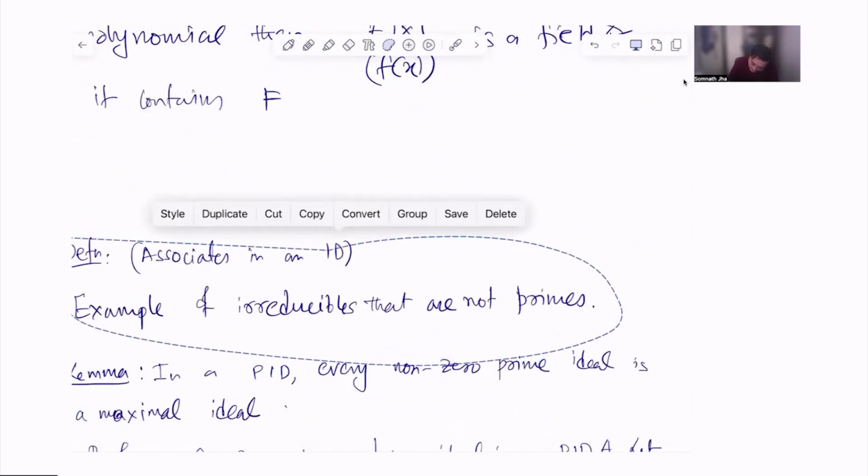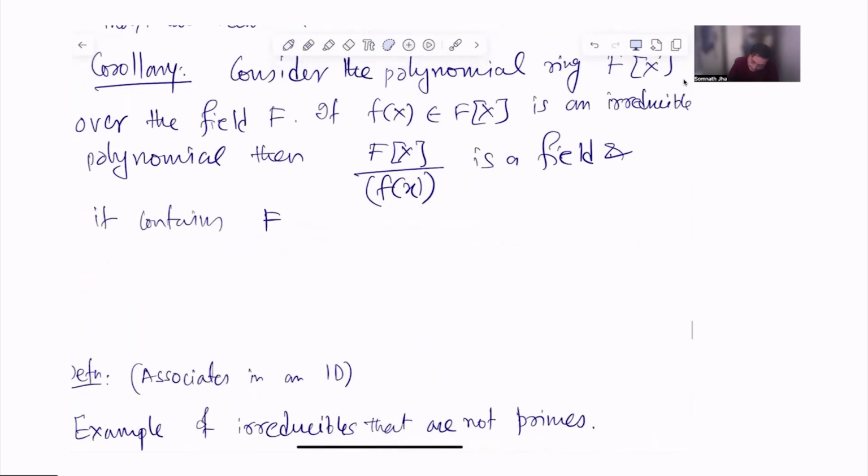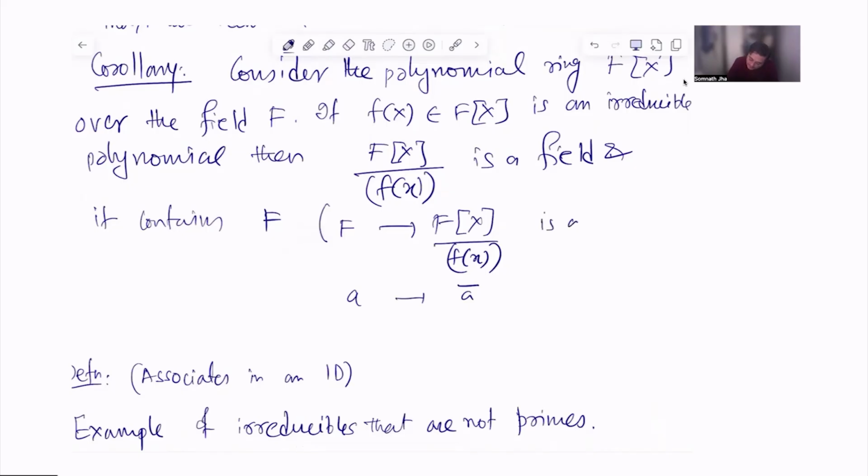From F, we have a map F to F[x] mod f(x). You send any a to the constant polynomial a. So this is a ring homomorphism.